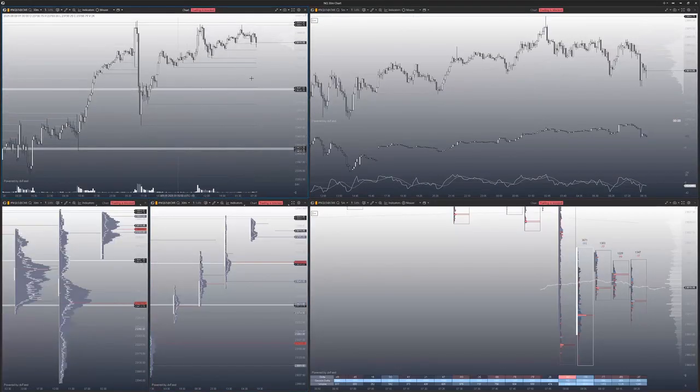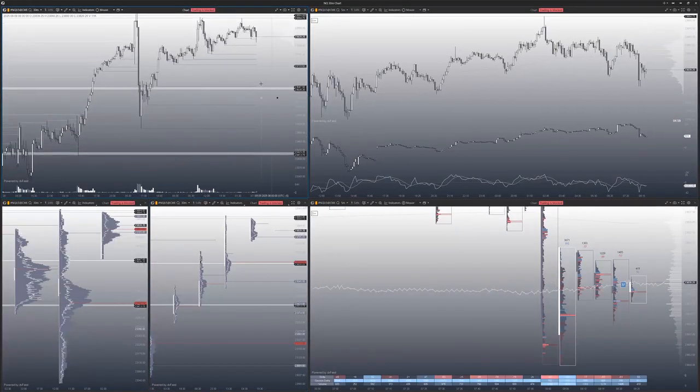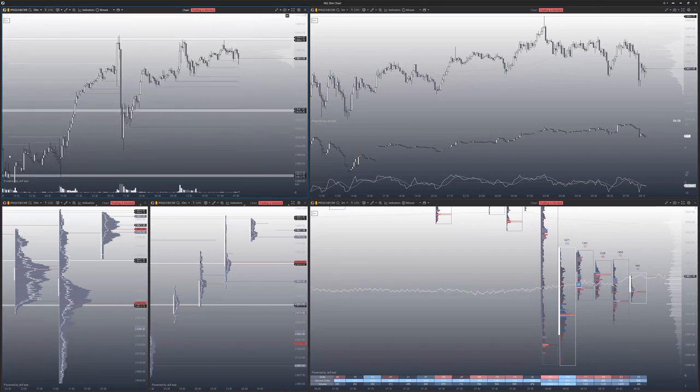The structure we see at the moment is that the structure broke short: first lower low, first low, second low, first high, second high. At the moment, we build price action maybe a little bit down, but if you focus on the context, it's still on the long side. We need to wait for the open.